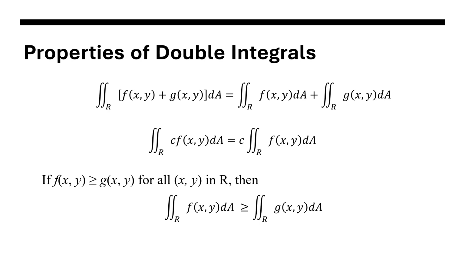And another: if f of xy is greater than or equal to g of xy for all xy in R, then the double integral of f of xy dA is greater than or equal to the double integral of g of xy dA.